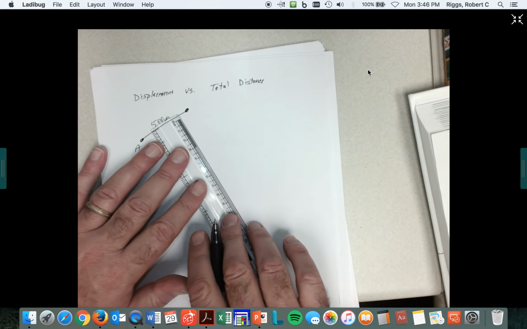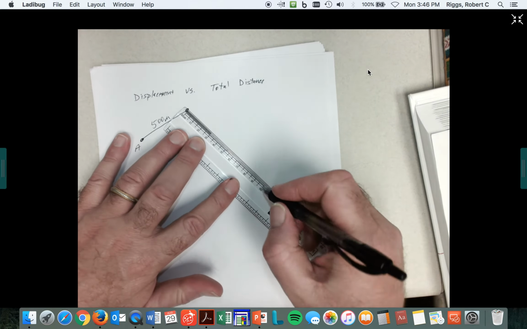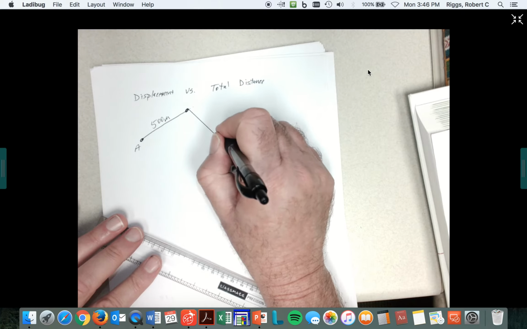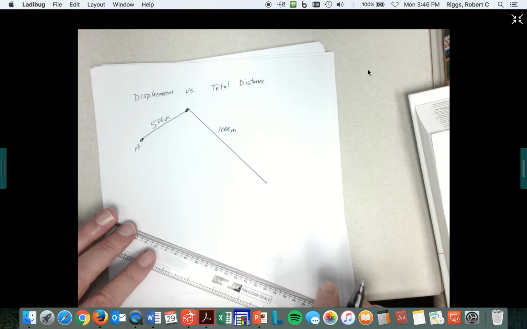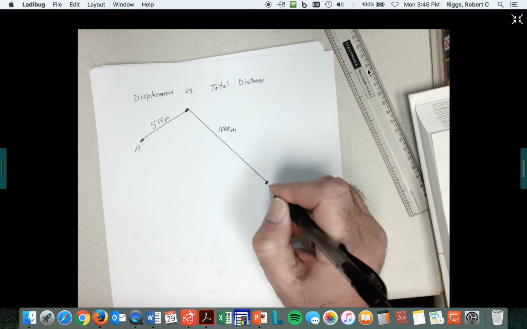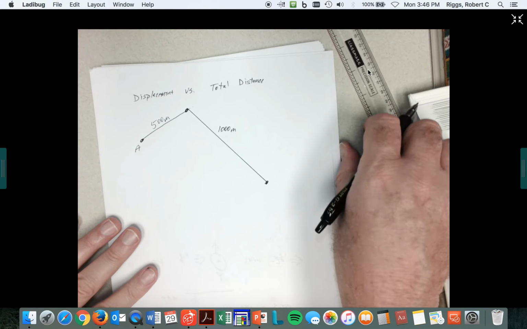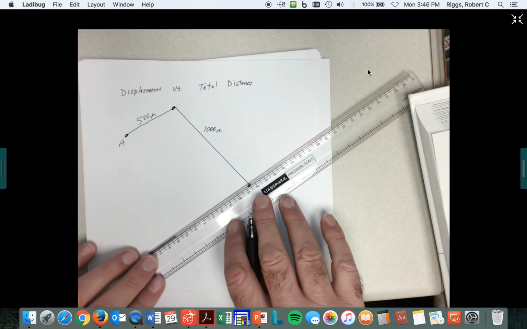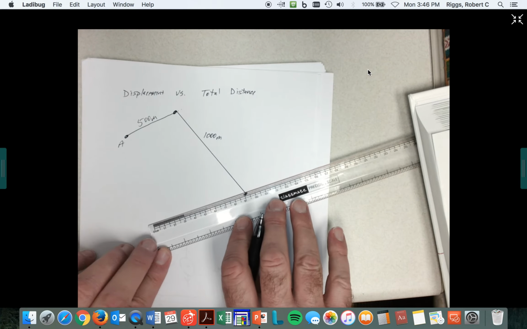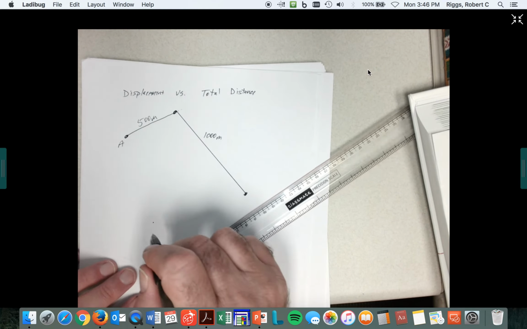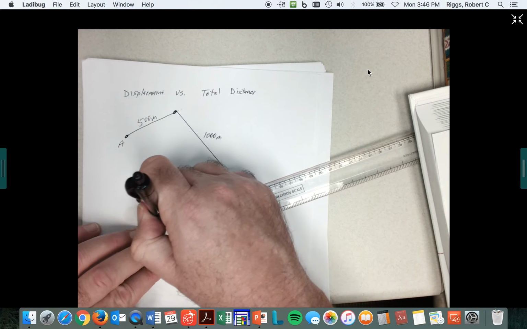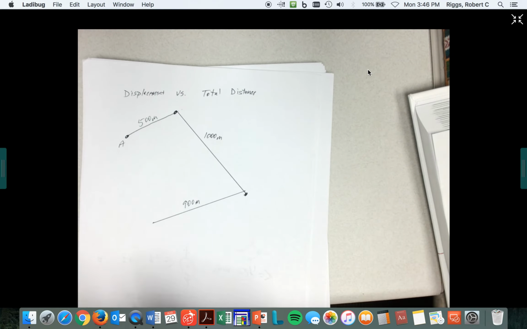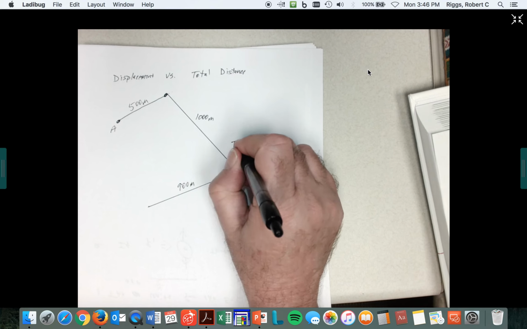Then I traveled 1,000 meters this way. And then I traveled 900 meters this way.